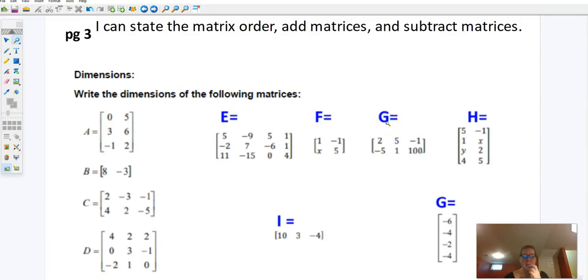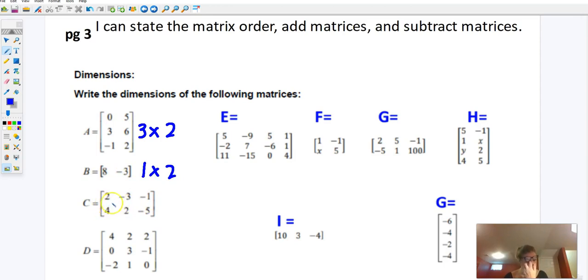Okay, so we want the dimensions of each one of these. So they've labeled these from A through I. So if we look at matrix A, 3 rows, 2 columns. 3 rows, rows go across, columns go up and down. This matrix B has 1 row and 2 columns.